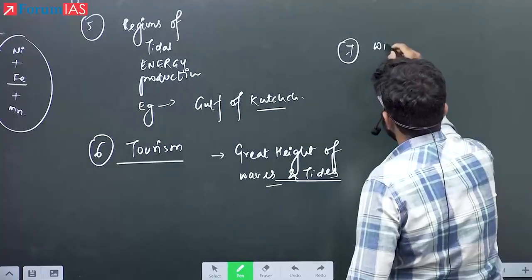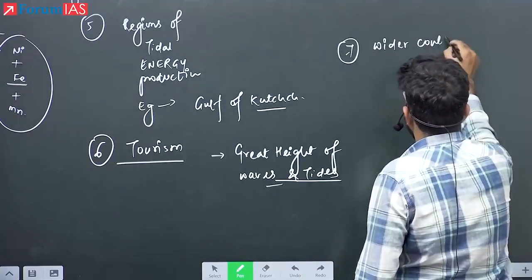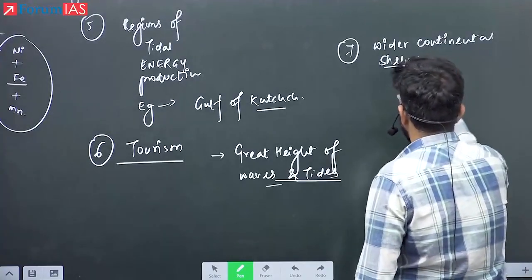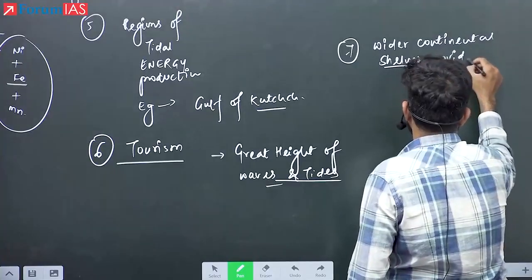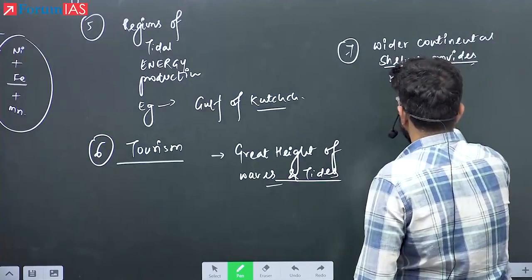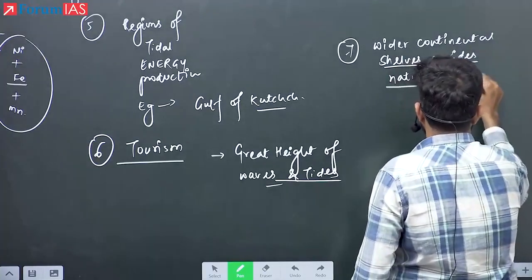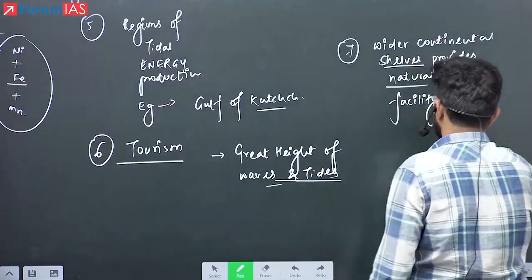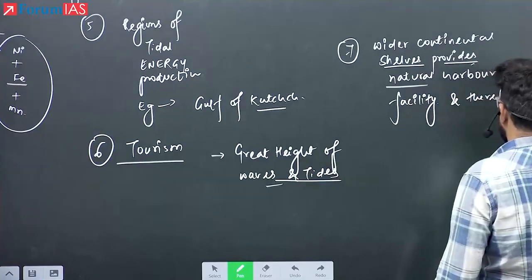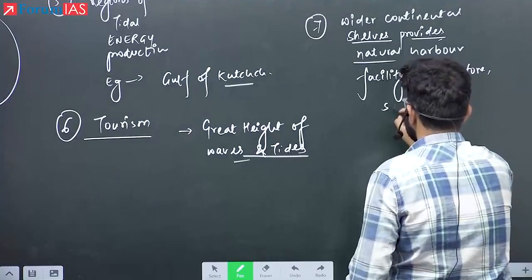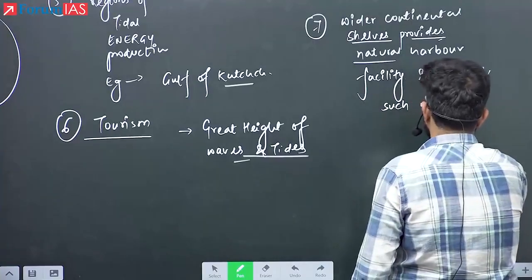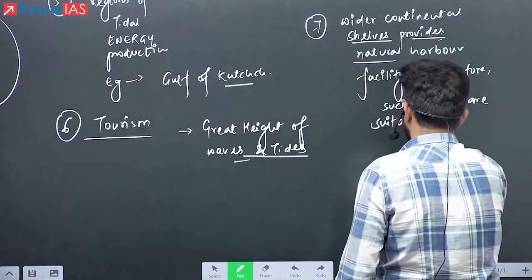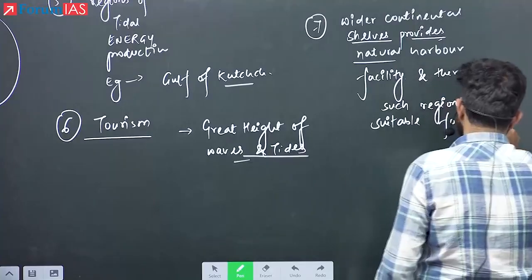Seventh, see here. Wider continental shelves provide natural harbor facility, therefore such regions are suitable for port developments.